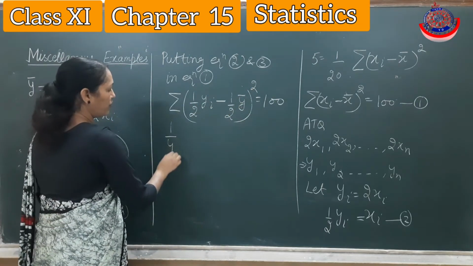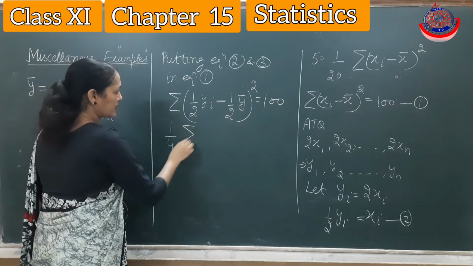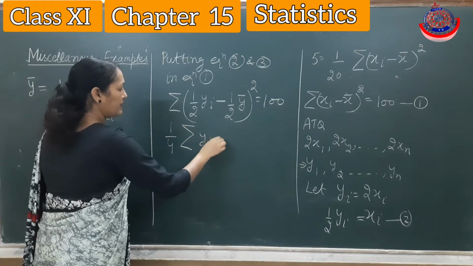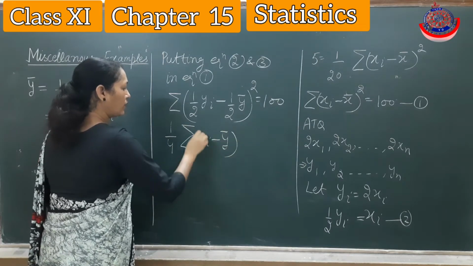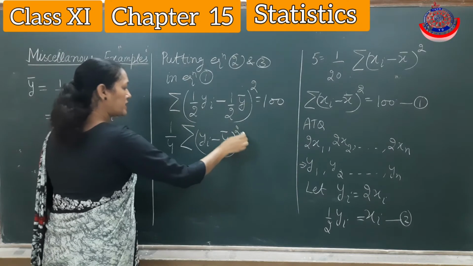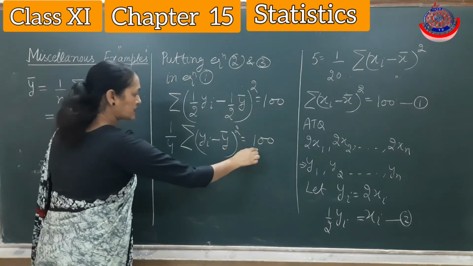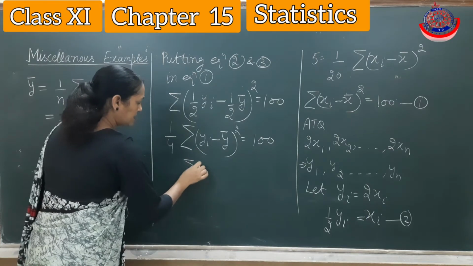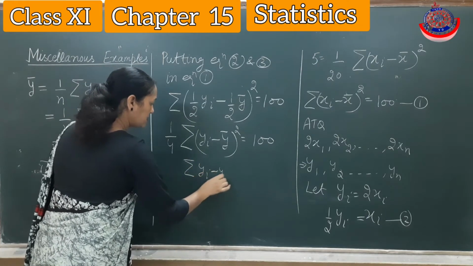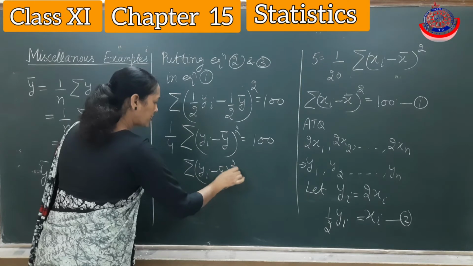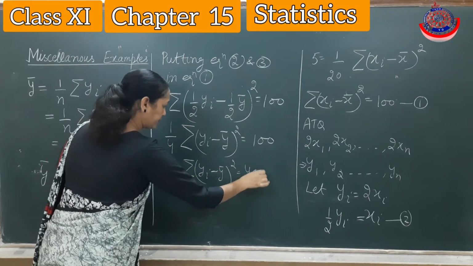So 1 by 4 sigma yi minus y bar whole square is equal to 100. Shifting this 4 to this side, it becomes sigma yi minus y bar whole square equals 400.